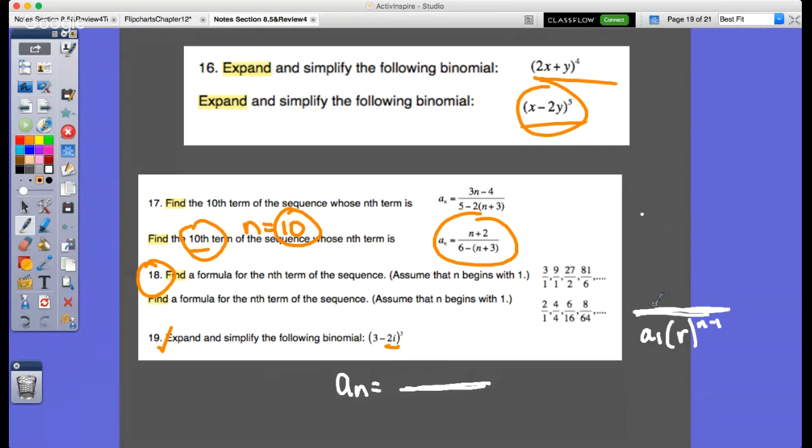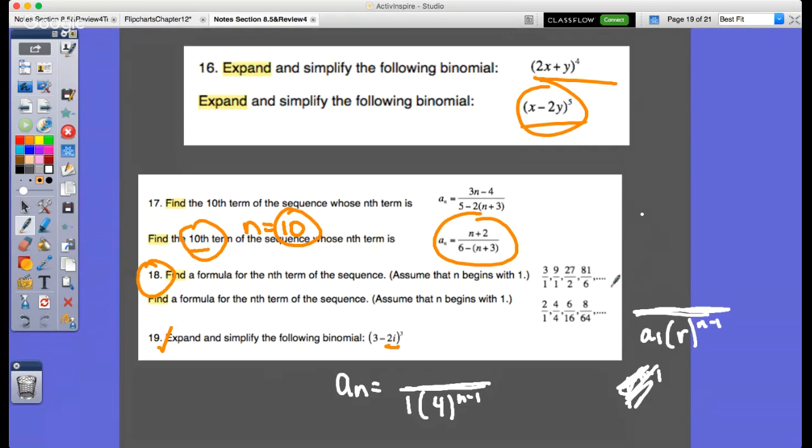But like the one I did at the beginning, you could also do it just by trying to do it in your head. If I did 4 to the n power, it begins with 1, so I have to subtract 1 to push it back left 1. It is probably easier, if you are able to see that this is geometric, to plug this in, where a sub 1 would be 1 and 4 would be our r. And then we just make it to the n minus 1 power.